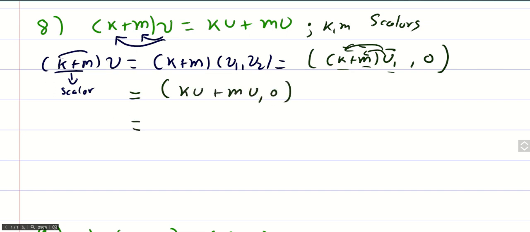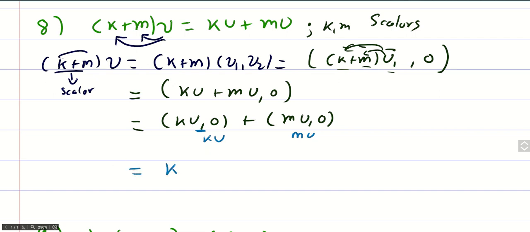And just as in the previous exercise, we can separate this as the sum of two vectors, (k u1, 0) plus (m u1, 0), and you can see that this part corresponds to ku and this to mu. Therefore, we obtain that this equals ku plus mu as we require.